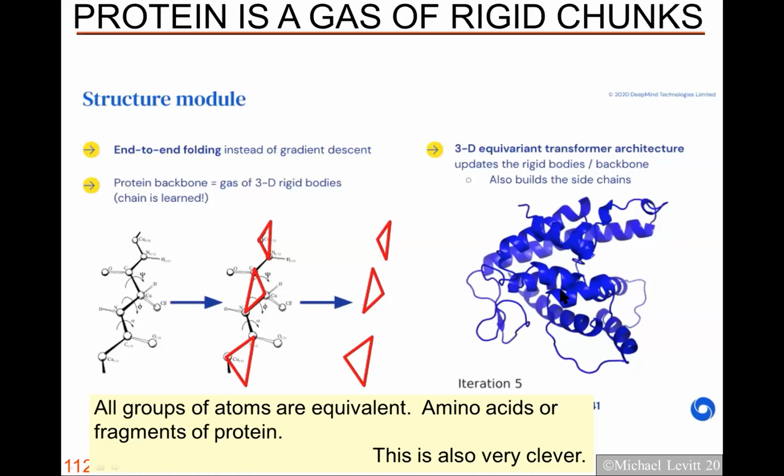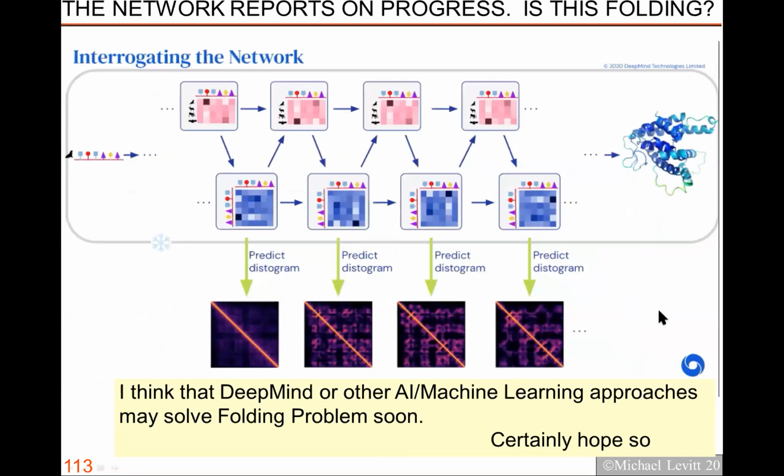If the pieces are not unique, you would try different combinations. There's a lot to try, a lot of computer time, but I think this algorithm where they basically treat these rigid units either as amino acids or as larger units, and they're able to assemble them, is indeed very clever. So I think we probably are going to see a solution to the real protein folding problem.